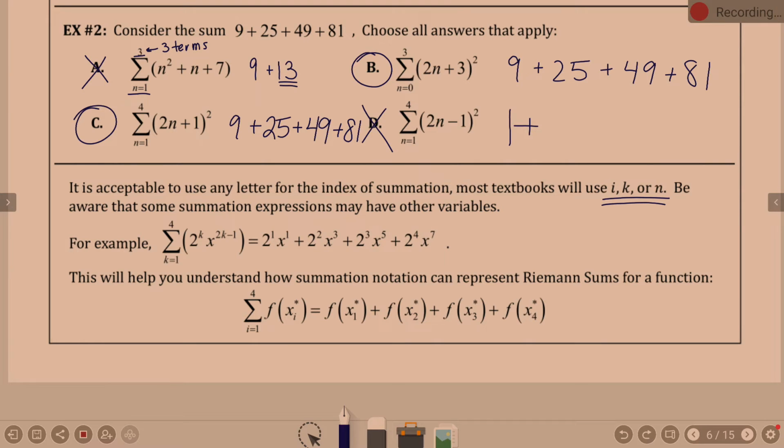For example, this is a summation from K equals 1 to 4 of 2 to the K times X to the 2K minus 1. We don't have a definition of what X is, do we? That's just a situation where your summation is going to have X's in it because we're just plugging our value into K.